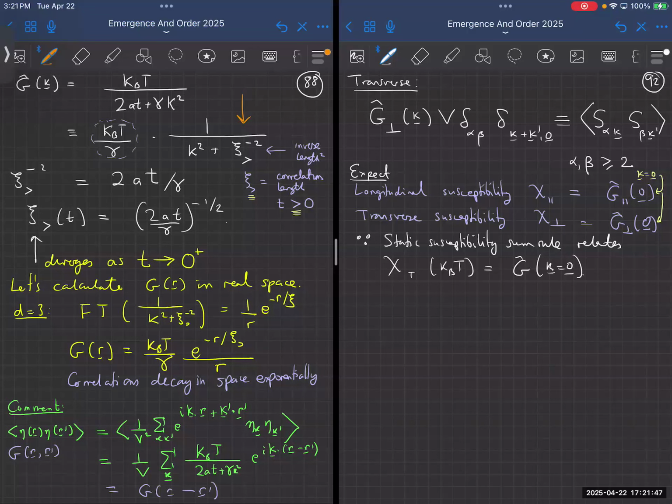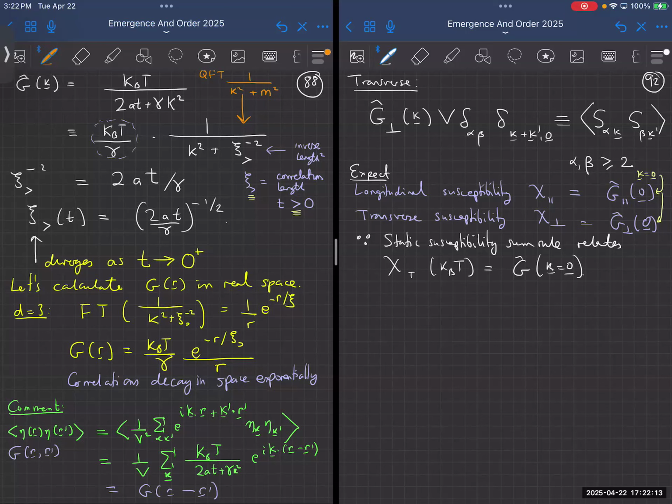Okay, it's super elementary. In quantum field theory, you have massive particles. And when you compute what's called the Feynman propagator, which is basically the correlation function, you get a formula that looks like this: 1 over k squared plus m squared. Some of you have seen that before, where m is the mass of the particles.